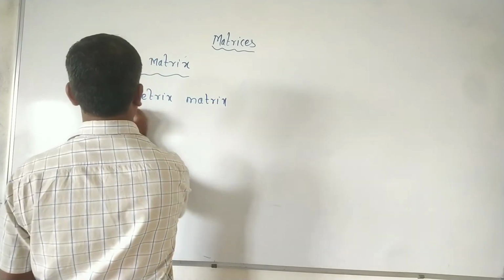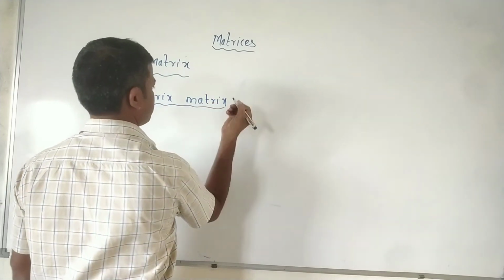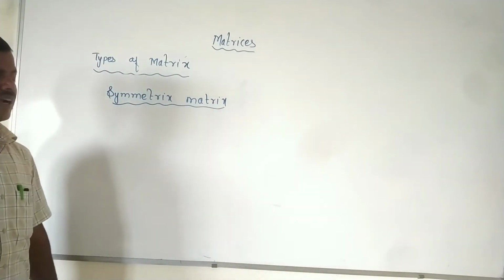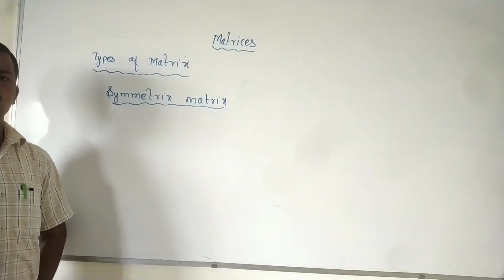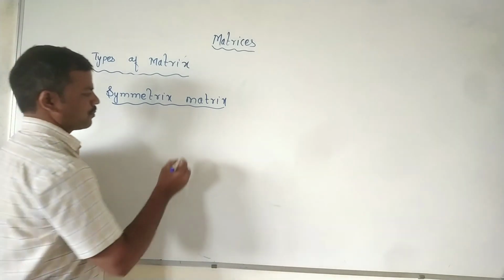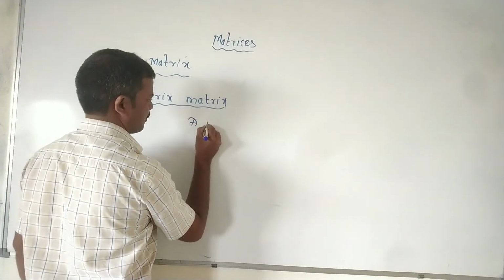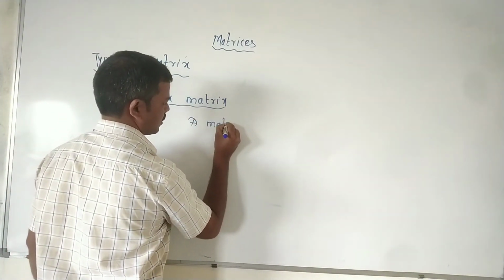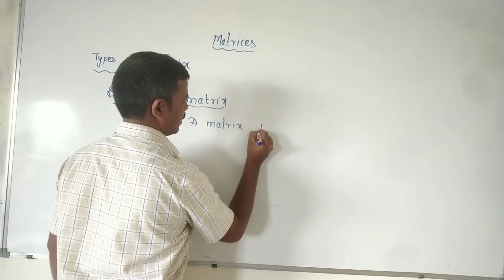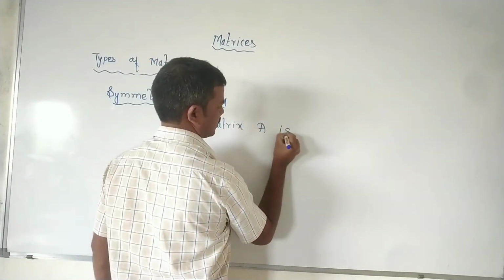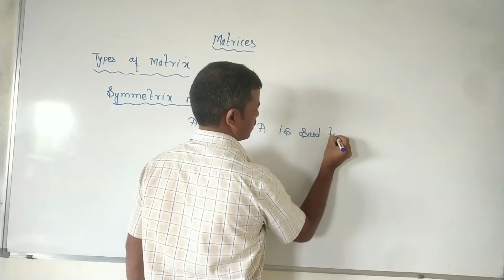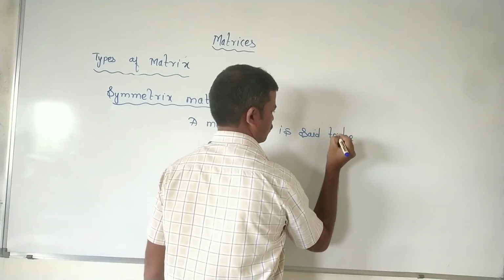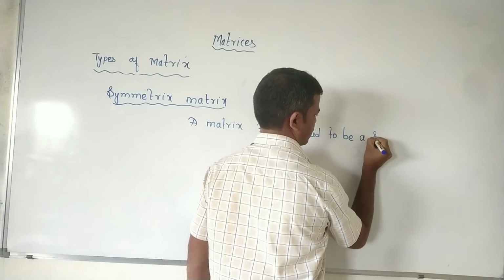Symmetric matrix. Symmetric matrix means what? A matrix A is said to be symmetric if its transpose is equal to A itself.